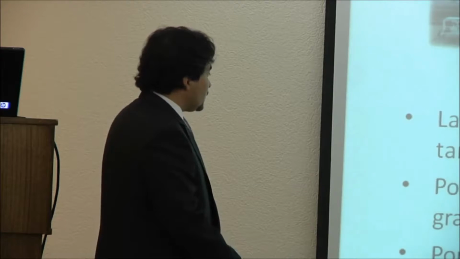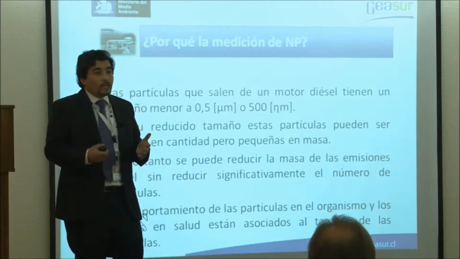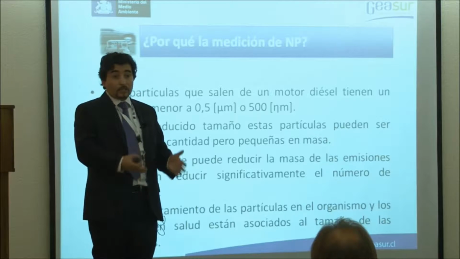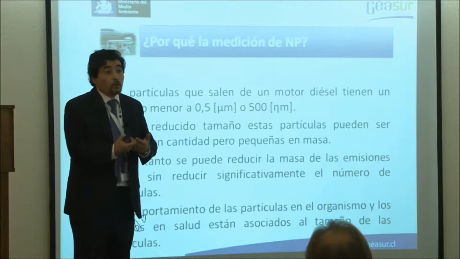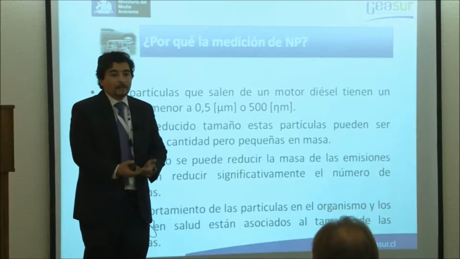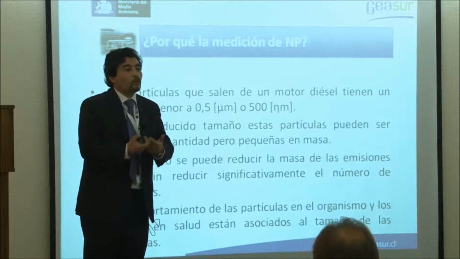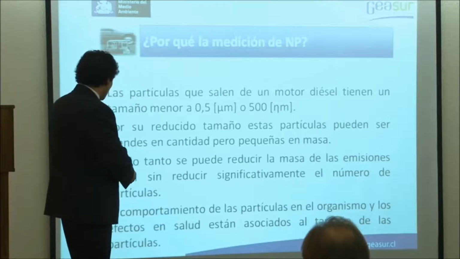So we could say that the number of particles is the most important part of that. We've had examples of this in international legislation for emission controls, where we can see that technologies like Euro 4 or even Euro 5 do reduce the mass significantly without having an impact in the reduction of the number of particles.